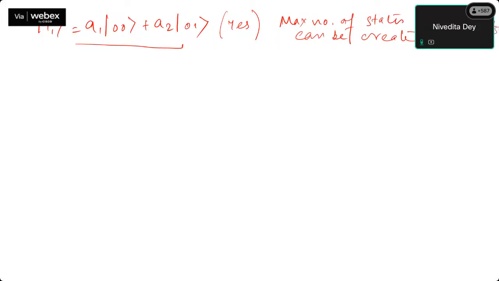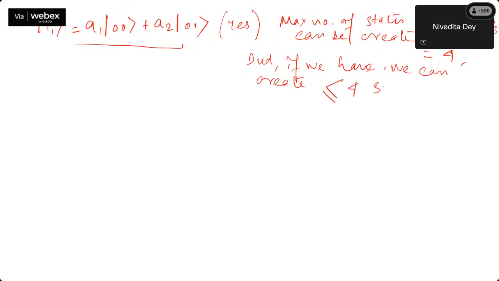So that is 4. But if we want, we can create less than or equal to 4 states also with 2 qubits.